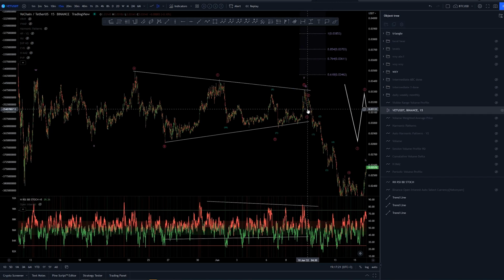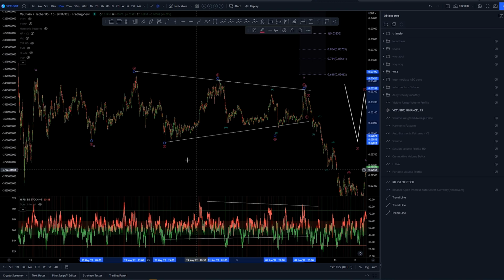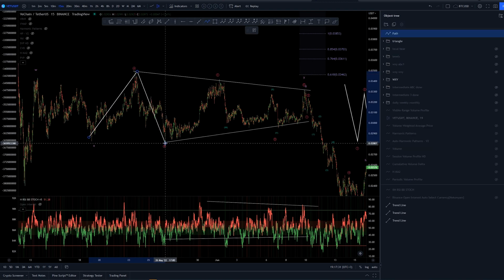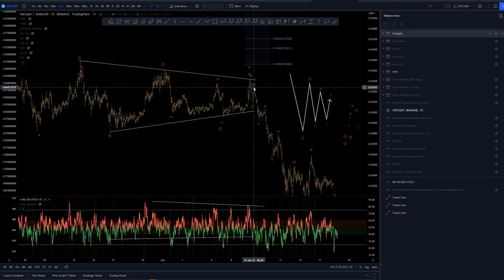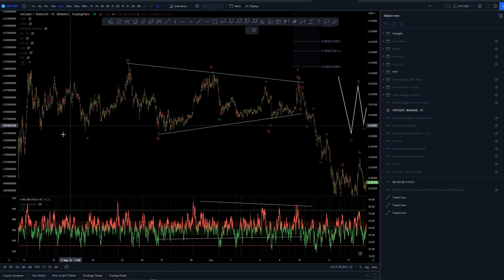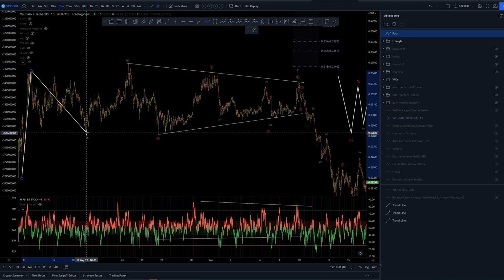degrees here as a 1, 2, or even this 1, 2 here in micro, we can see the micro count here. This is the micro count, A, B, C. And here we have just this one as 1, 2. And even larger degree wave counts, we have this whole stuff as a WX.